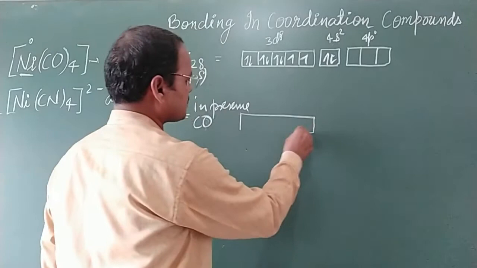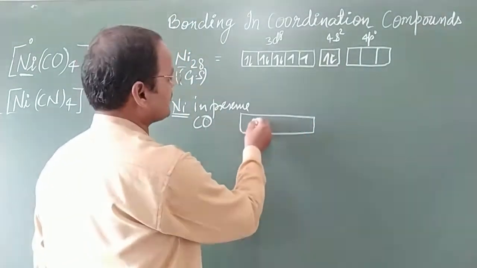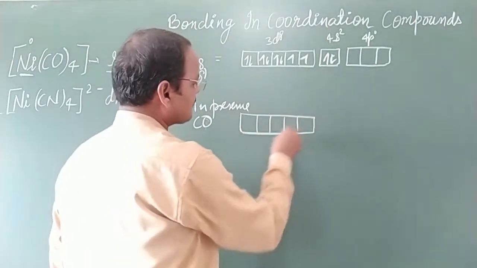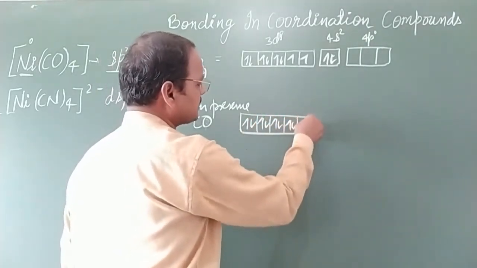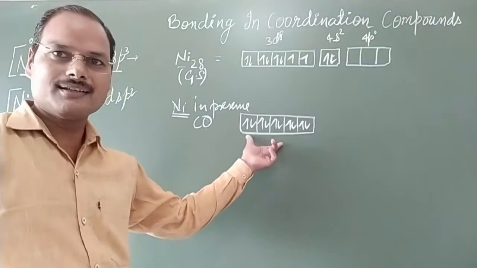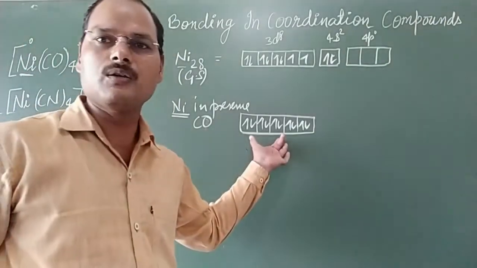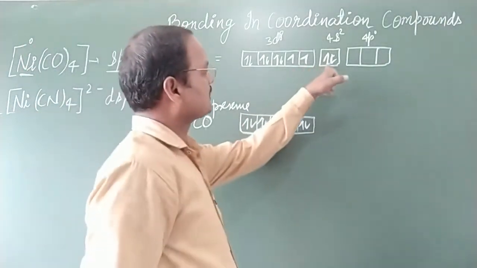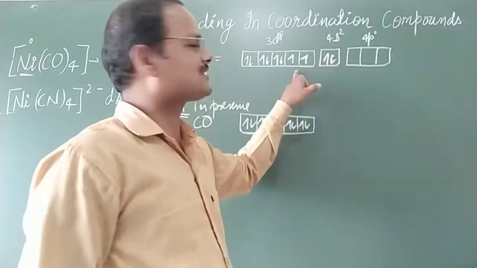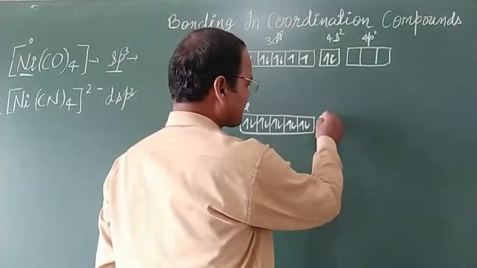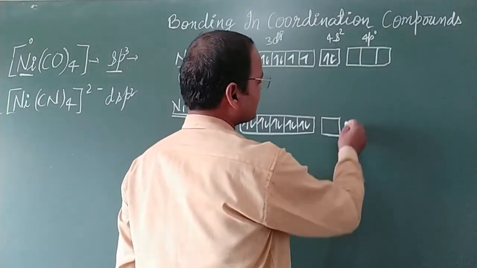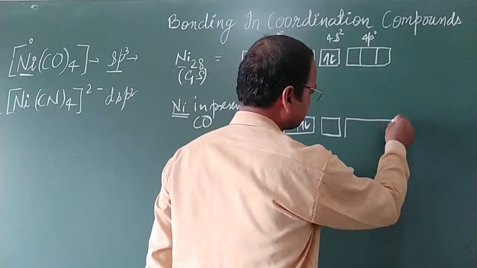All 5 orbitals of 3d will have 2 electrons. But these electrons shifted towards 3d, it means 4s becomes empty. So I am writing here this 4s orbital as empty.